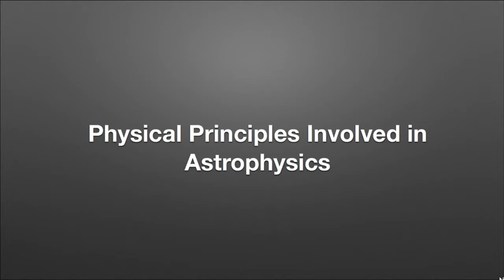For my part, I will cover the physical principles involved in astrophysics. In previous lectures, we have studied various coordinate systems and astronomical instruments and techniques that we use in order to observe various astronomical bodies.